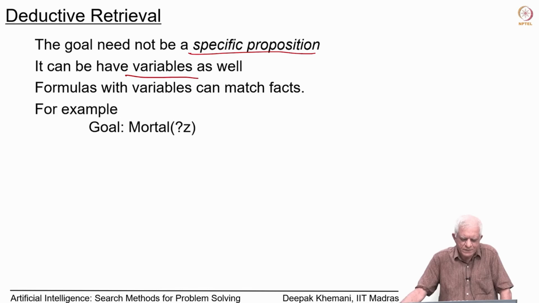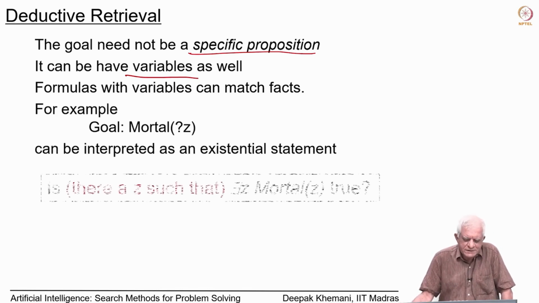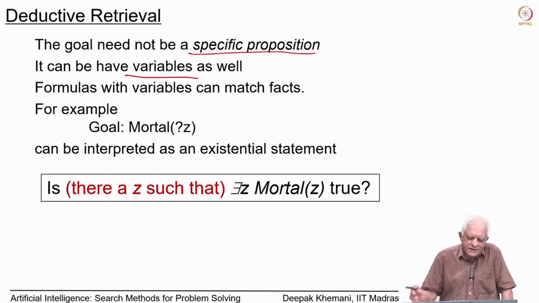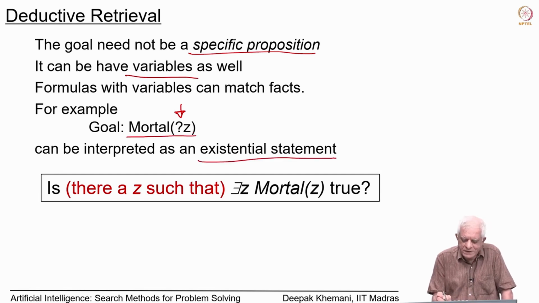So, if you have a goal which says mortal Z with a variable, observe that there is a variable here. This goal with a variable can be treated as an existential statement.